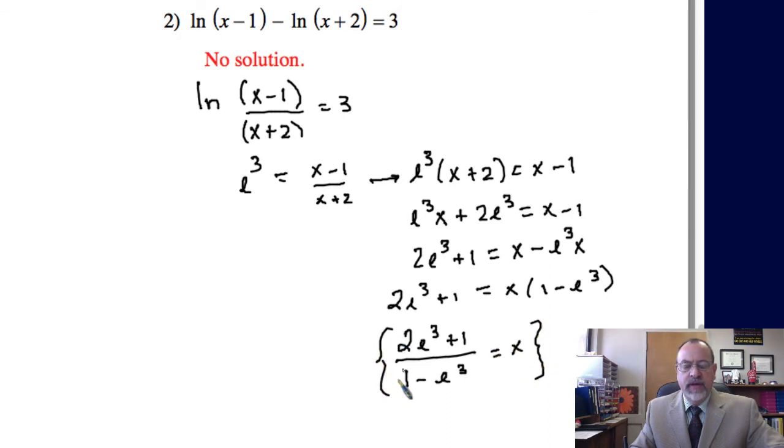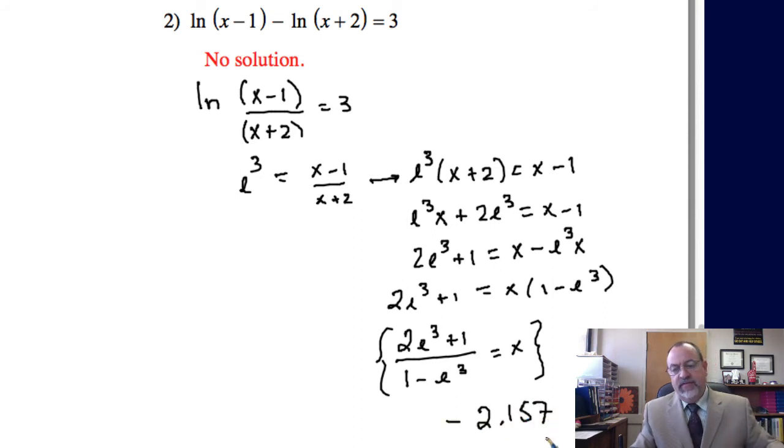So that would be my value, but I have to check and make sure I don't produce a negative value, because this is a minus 1, so I need a number bigger than 1 if this is going to work. So I'm going to take 2e plus 1, then divided by 1 minus e cubed, and that's going to give me negative 2.157.